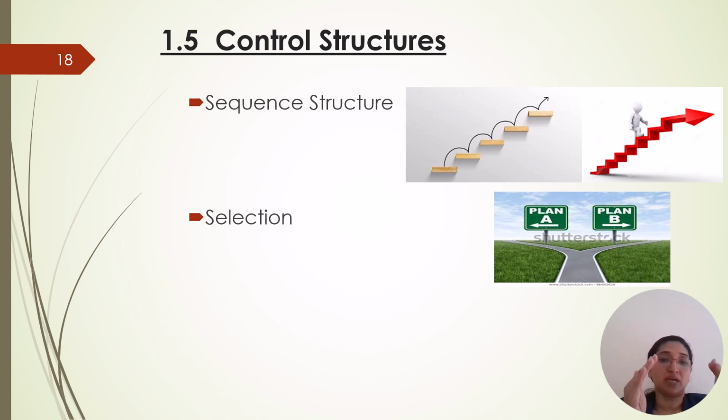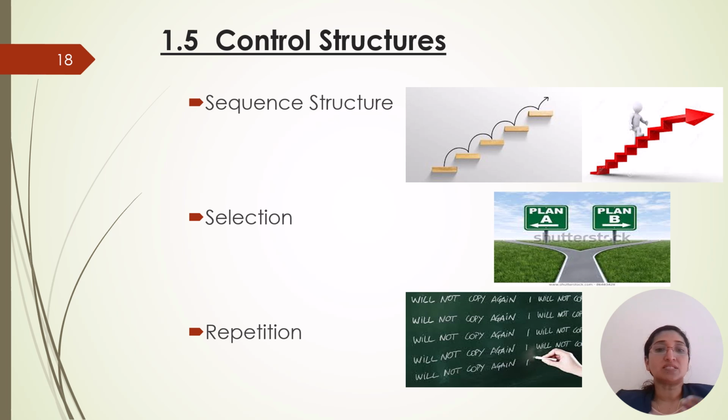If you need to do the same thing again and again, repeatedly, that type of structure we call a repetition structure. So when you draw more advanced flow charts, they can be a combination of all these three control structures.